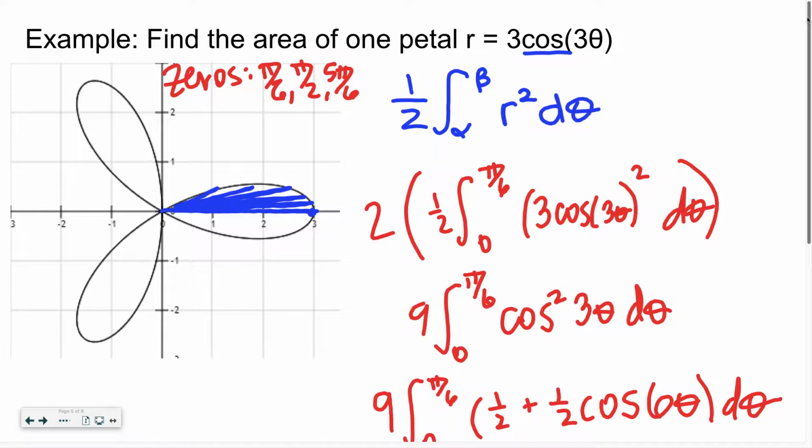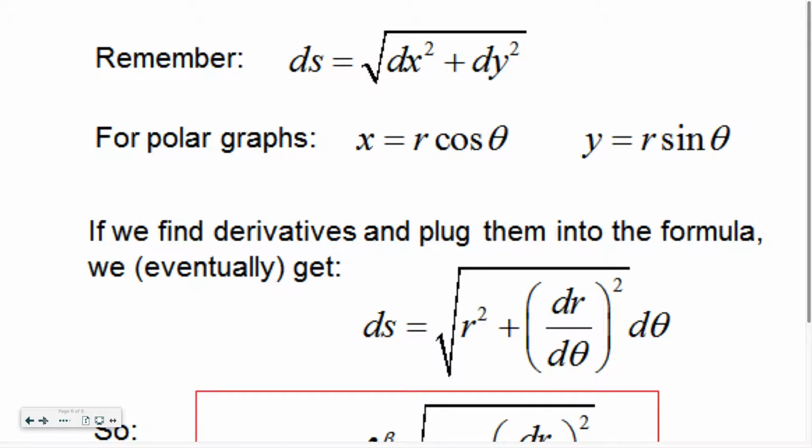No. I was just going to combine them. What do you think is going to happen? It's going to be dx/d theta plus dy/d theta.